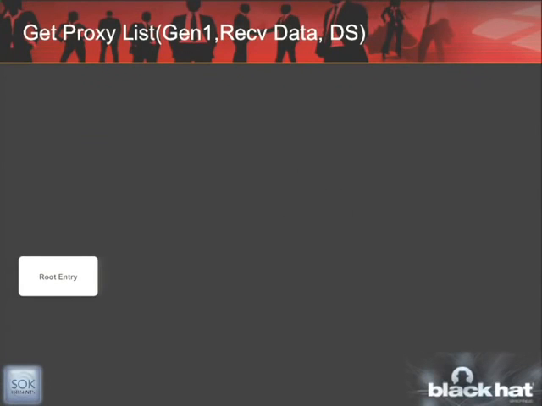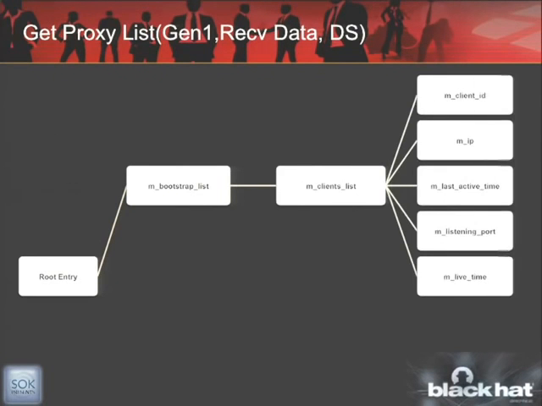As I said before, every single storage has only one root entry. After that, a bootstrap list. This part contains the latest updated proxy nodes list. So it contains IP addresses, listen port, and so on.